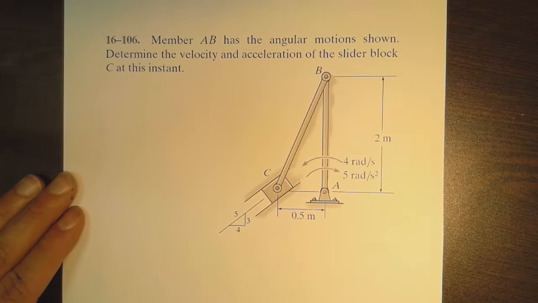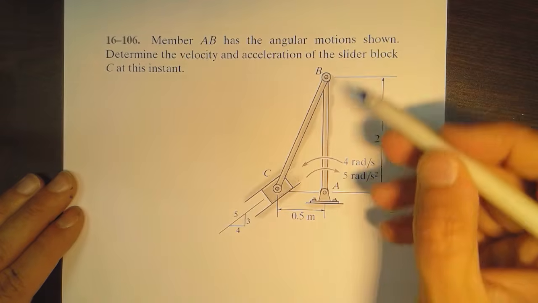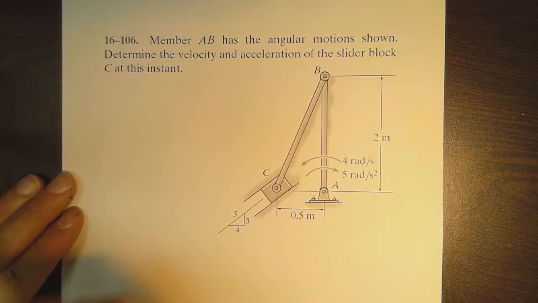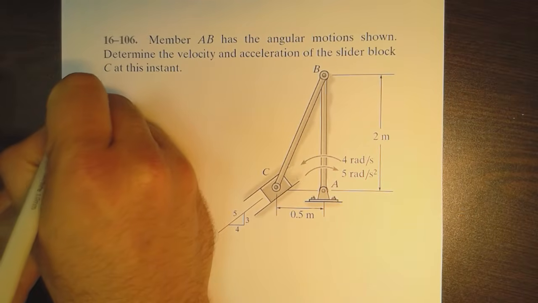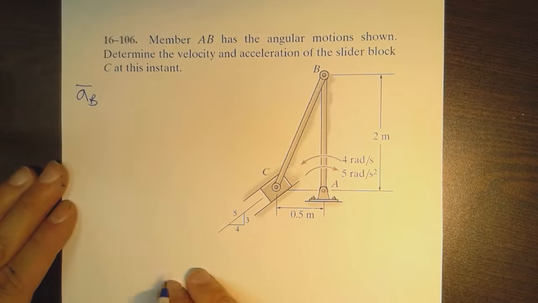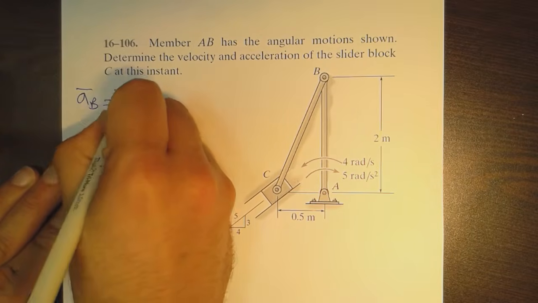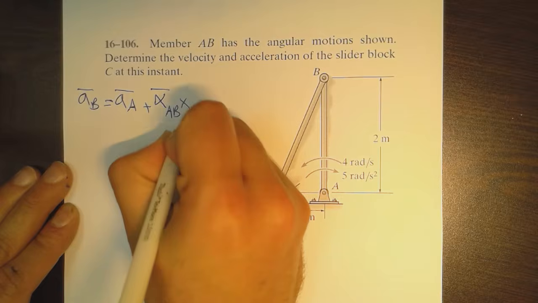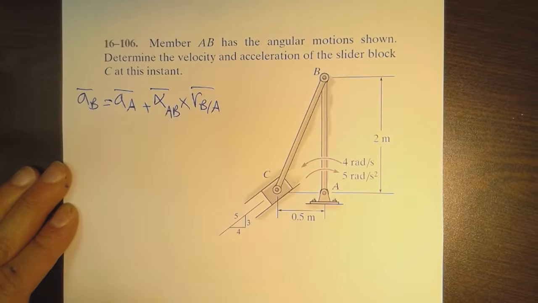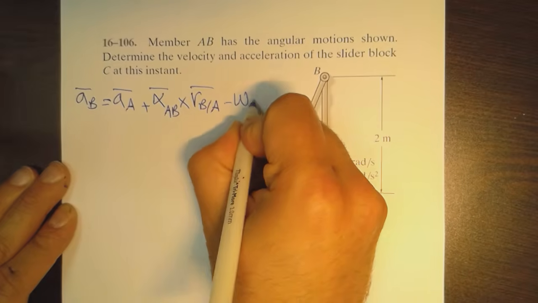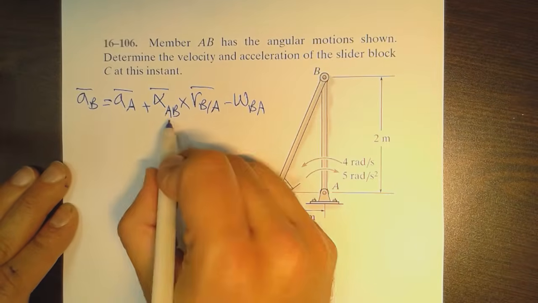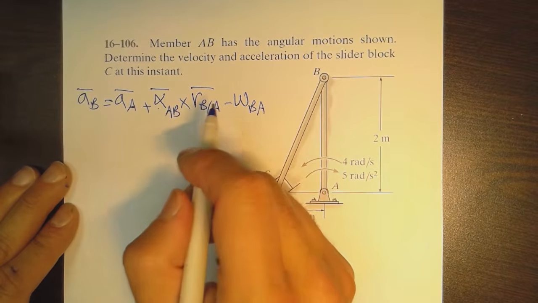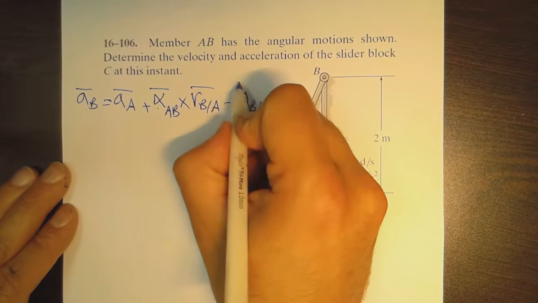We are going to move in the same way from A to B to C. Starting first with B as the thing that we need to calculate the acceleration for, we write this down: AB is equal to AA plus alpha AB cross product RB with respect to A minus omega BA squared RB with respect to A. For the alpha and omega, it doesn't matter the order of the letters, I can write it in any way.